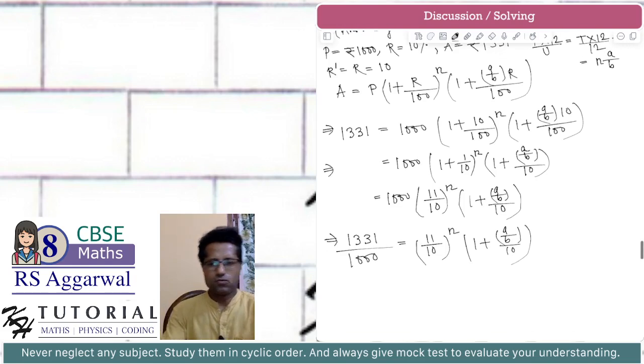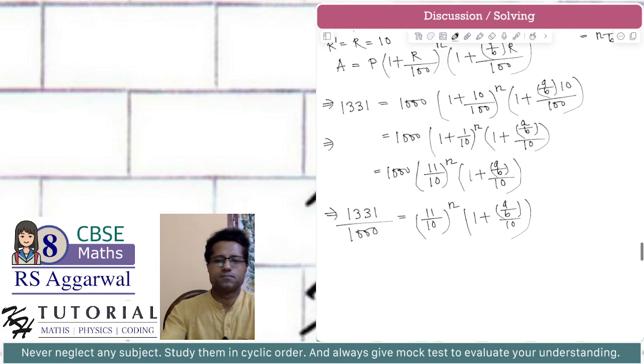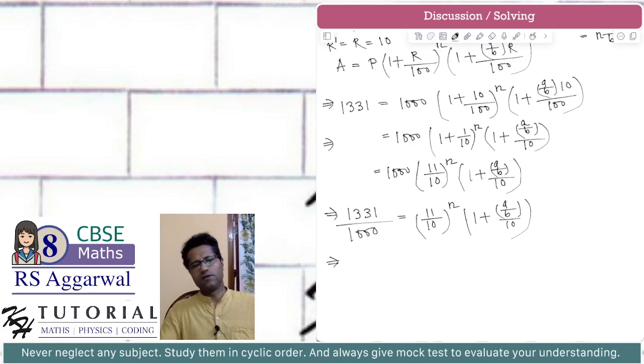From here we have to find somehow n and a by b, then only we will know what T is. Now we can see the left hand side is 1331 divided by 1000. So 1000 is 10 cube, and somehow we have to convert 1331 divided by 1000 as a cube of some fraction.